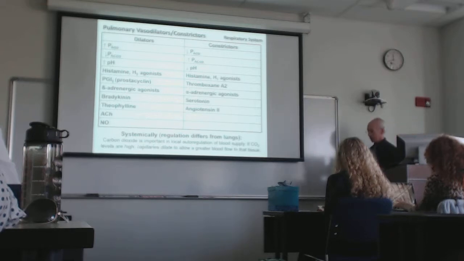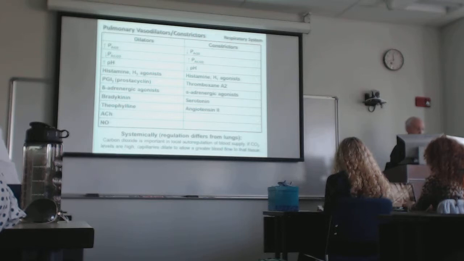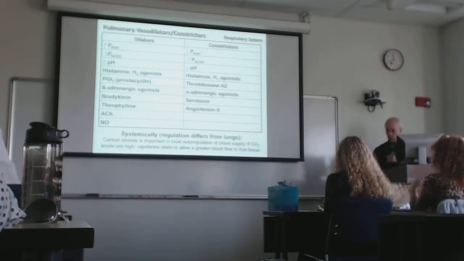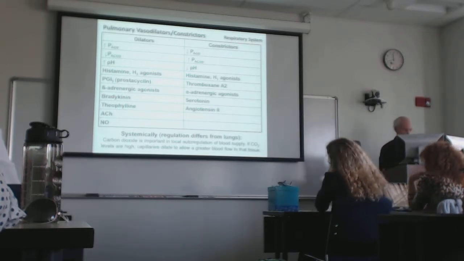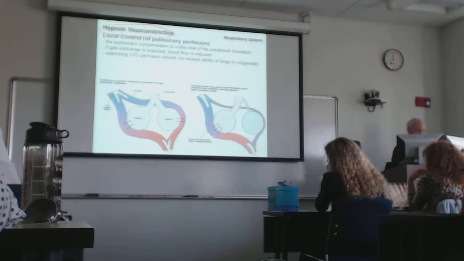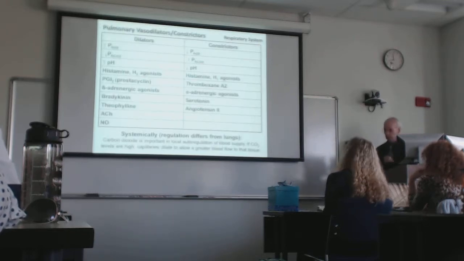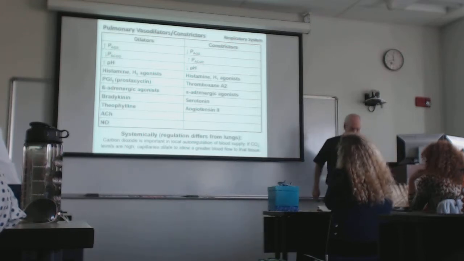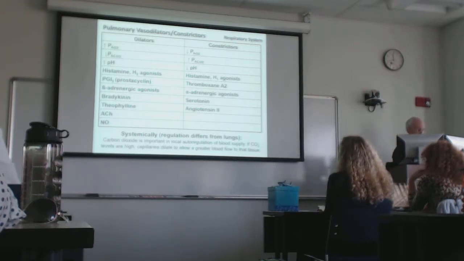In the lungs, as in other tissues we've talked about, there are a variety of vasodilators and constrictors. And when we talk about pulmonary vasodilators and constrictors, we're just talking about other substances that would change blood flow. Now, clearly, we're arguing that oxygen levels in the alveolus are going to modify blood flow. But these should be fairly evident to you.